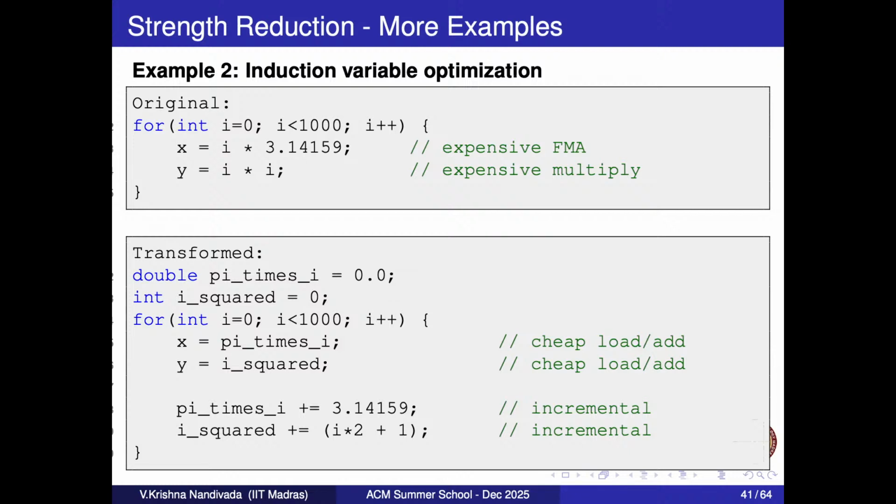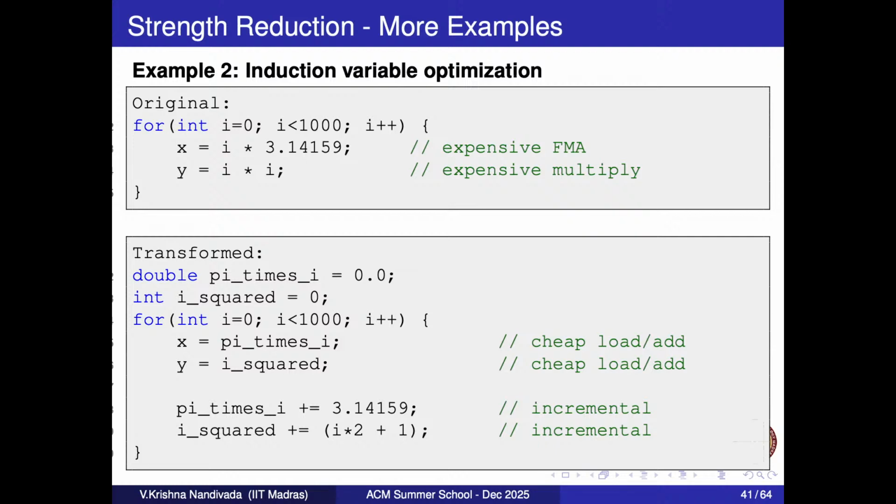Let's call this x. Then a plus 1 whole square equals x plus 2a plus 1. Right? So I am using the old value, then 2a plus 1.